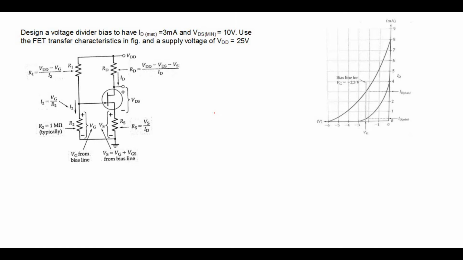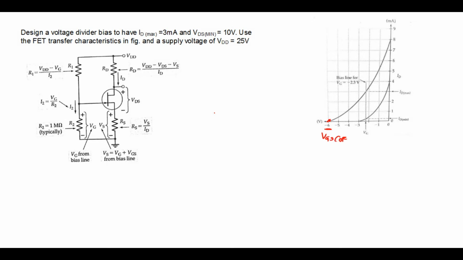We can find a few more data from this graph, so we will start from this graph. If you have a look at this graph, here we have the baseline. According to this baseline, this value of minus 6 volt is what we call VGS off, right?